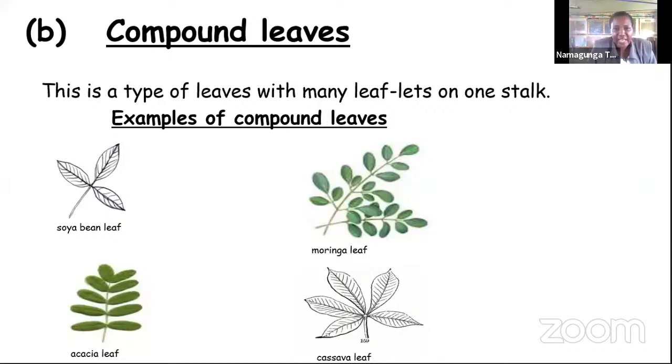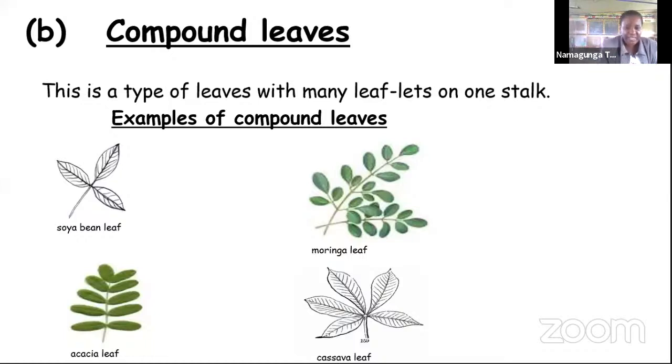Now the second type is compound leaves. Compound leaves are the type of leaves with many leaflets on one stalk. Leaflets are smaller leaves which make up a big leaf.